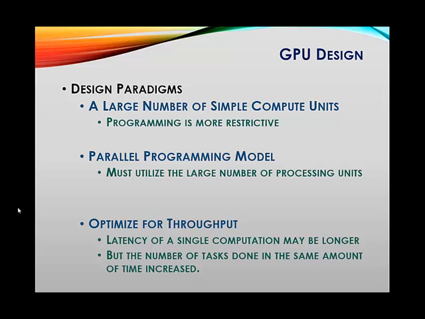But if we can keep all these processing units busy, if we can design our program in such a way that it controls these units, synchronizes and works with them together, basically that process coordination that we talked about earlier, so that a larger number of tasks can be done in the same amount of time, then we will be able to increase the throughput of our calculation.